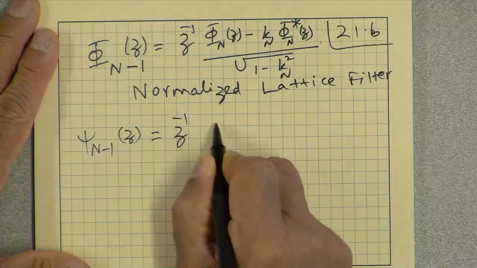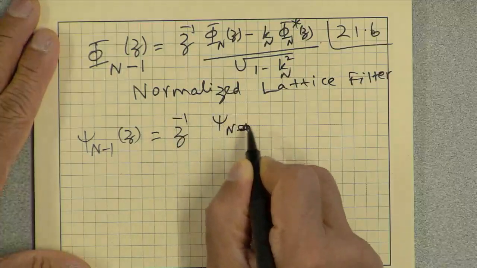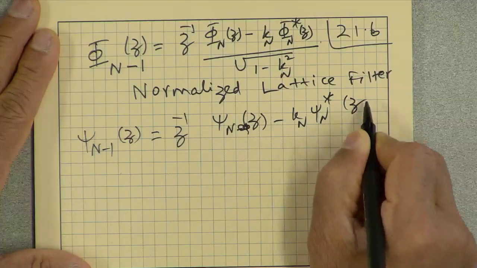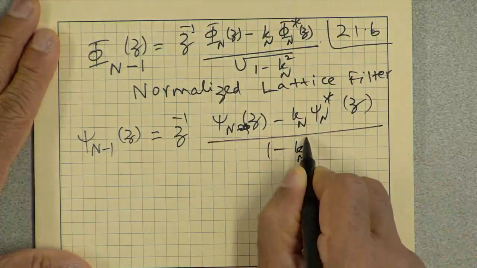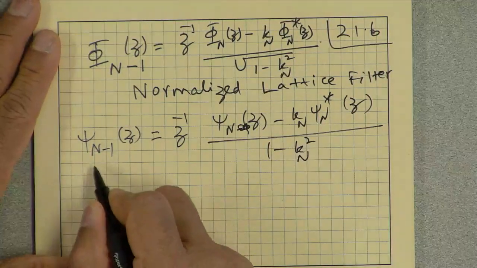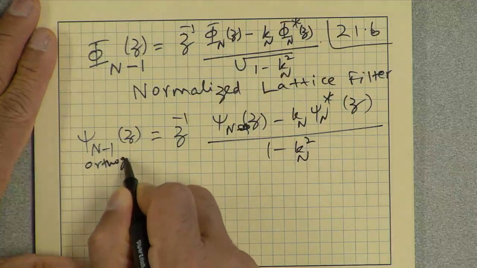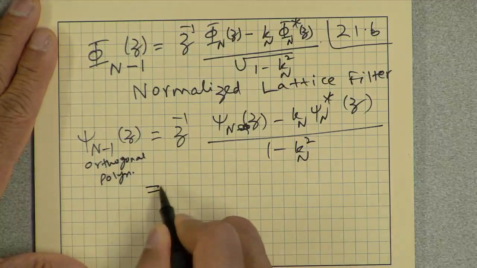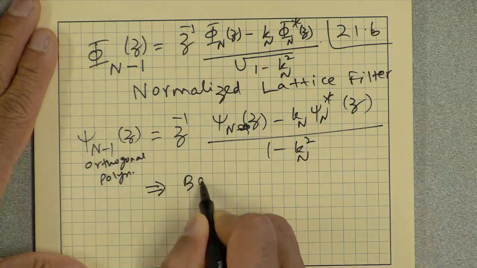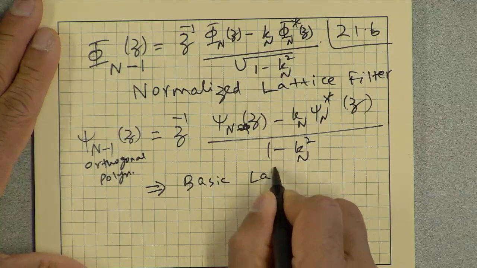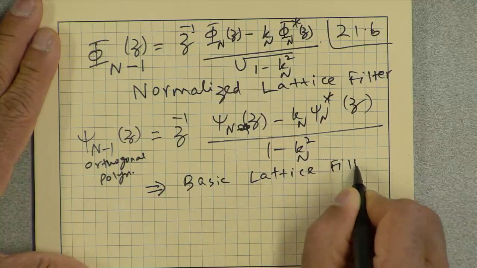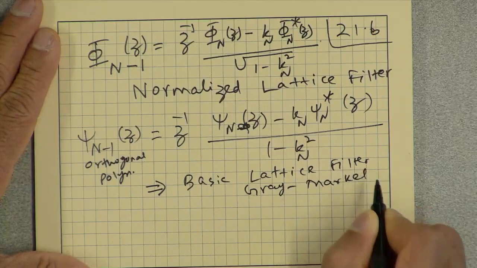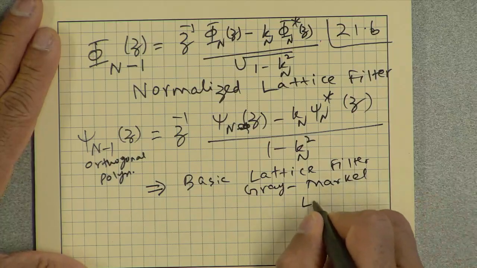And then if I just write down divided by 1 minus kn squared, this is the orthogonal polynomial. And if we design a lattice filter using that degree reduction process, that particular lattice structure is simply called the basic lattice filter, or sometimes the Gray-Markel lattice filter, named after the people who proposed this filter in the beginning.